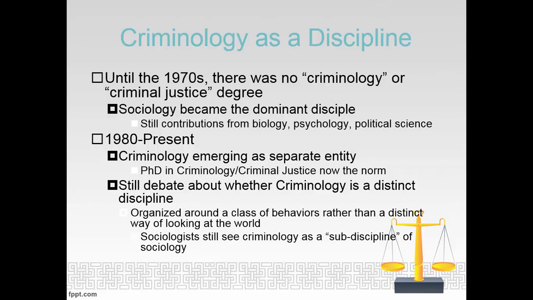So it's a class of behaviors, and in that sense, it's interdisciplinary or multidisciplinary in the sense that you can examine crime from psychology perspectives, biology, sociology. It's all stuff we're going to get to. So in that sense, it's a bit wonky or weird compared to other disciplines.